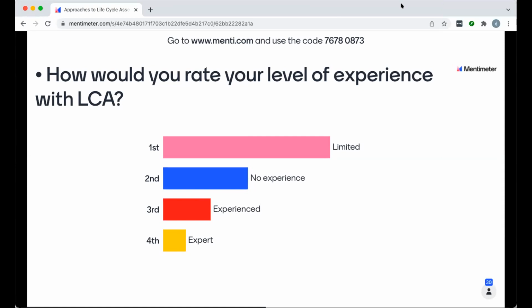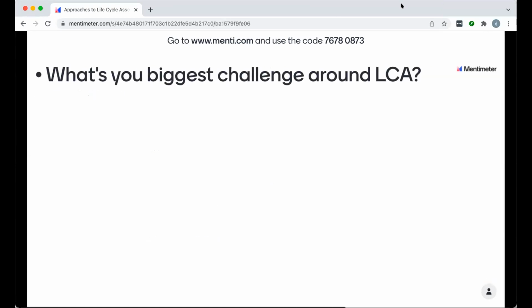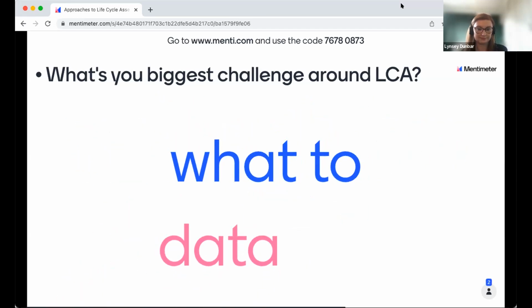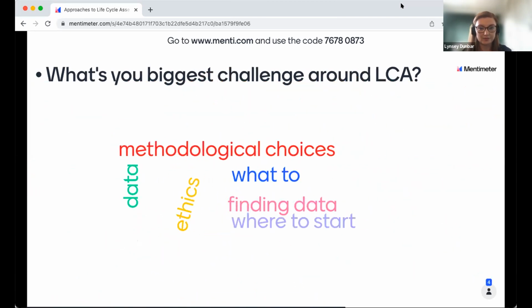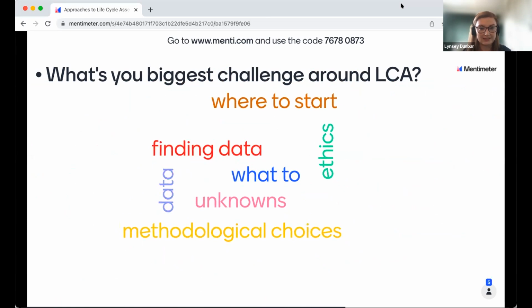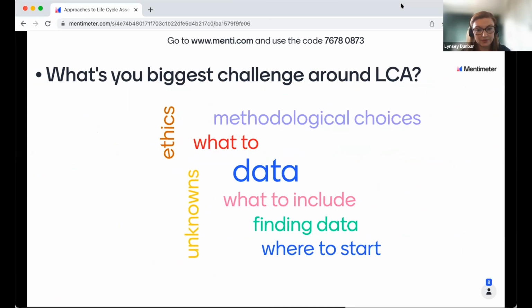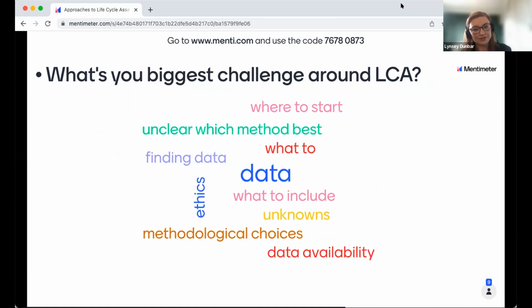Moving on to the next one. And then I think this is a free typing one. So what's your biggest challenge around LCA? Data, what to do. Finding data, ethics, methodological choices, where to start, unknowns.